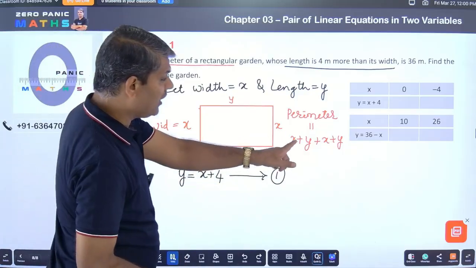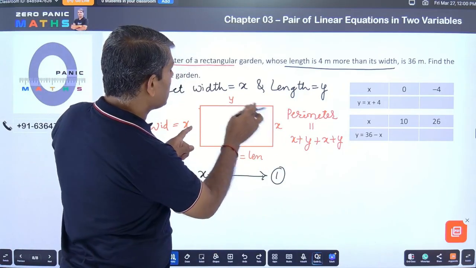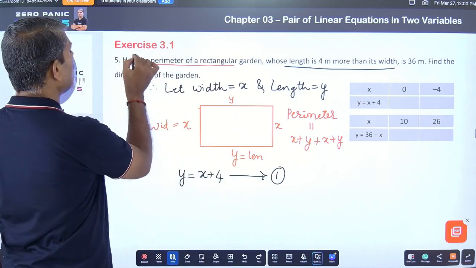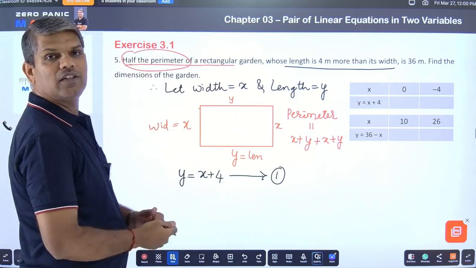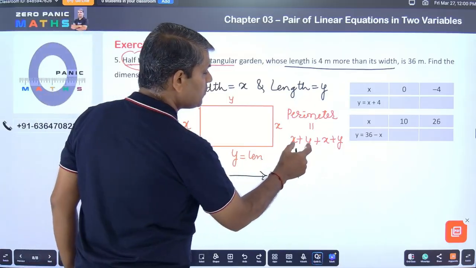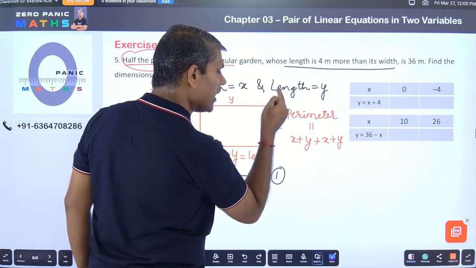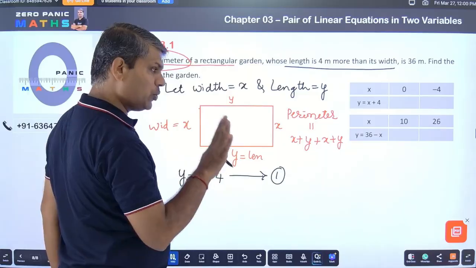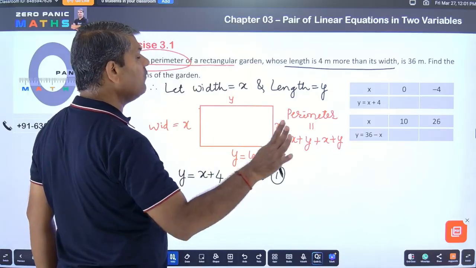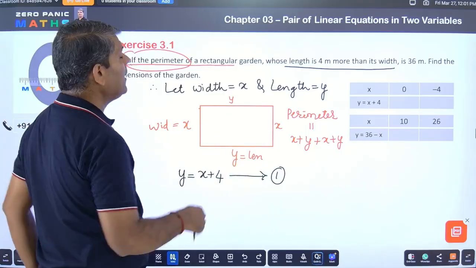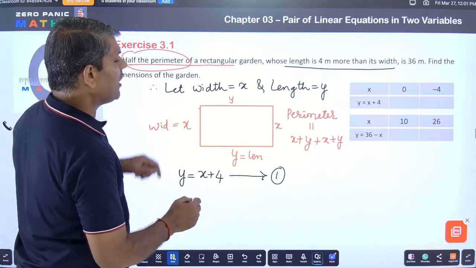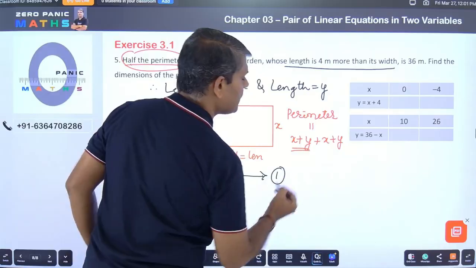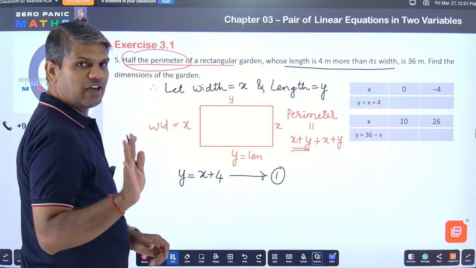Now why am I writing this x plus y plus x plus y? Because I just want half of the perimeter. 2x plus 2y is the full perimeter of the rectangle, then half of the perimeter is only x plus y. Understood this?